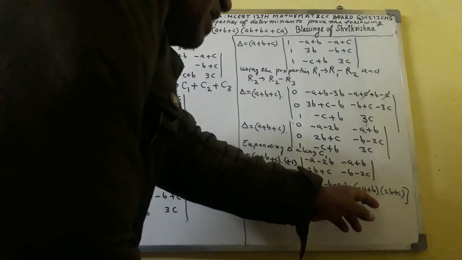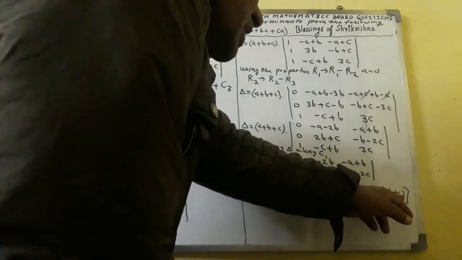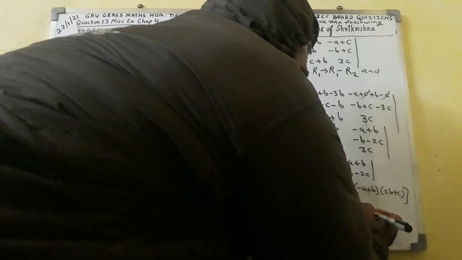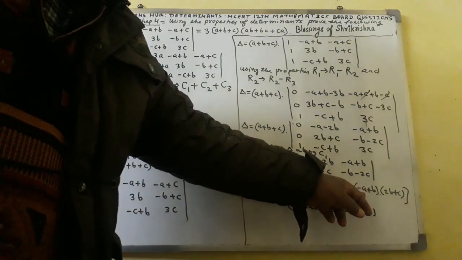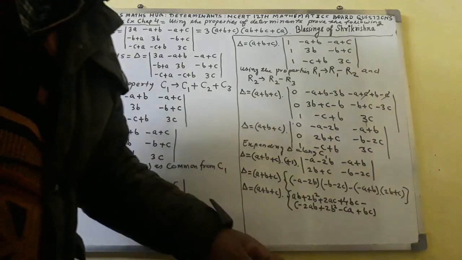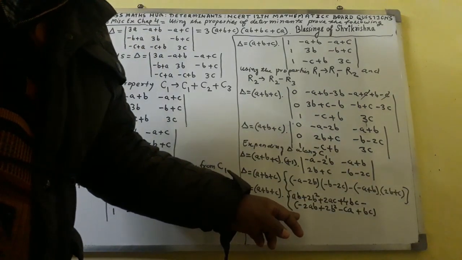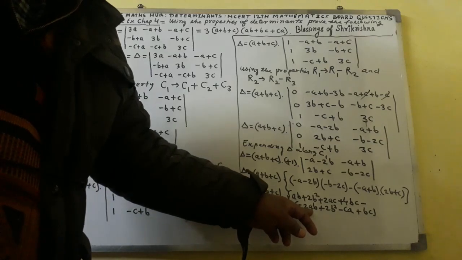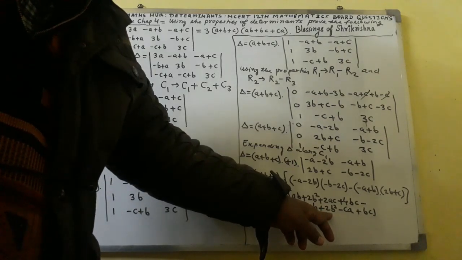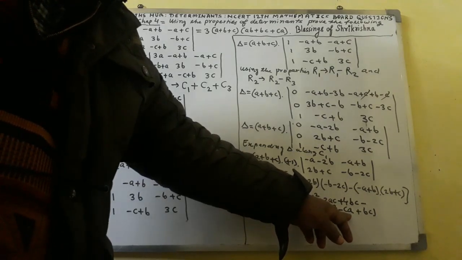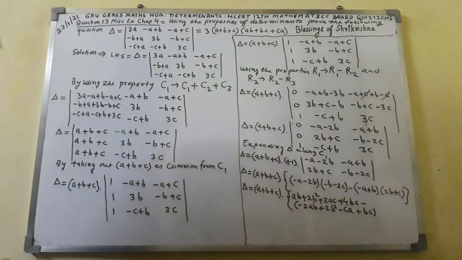And again minus A will multiply to plus C. You will get here minus CA. And here you will get BC. Minus A will multiply to plus 2B, so you will get here minus 2AB, plus 2B square, minus CA plus BC.